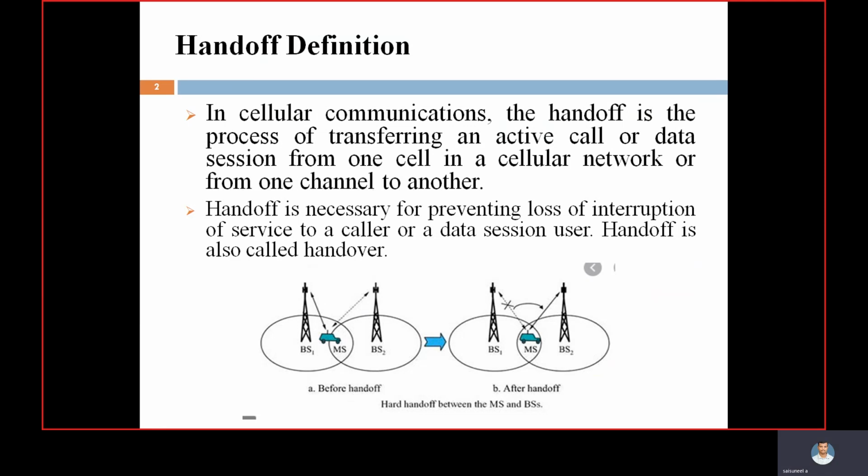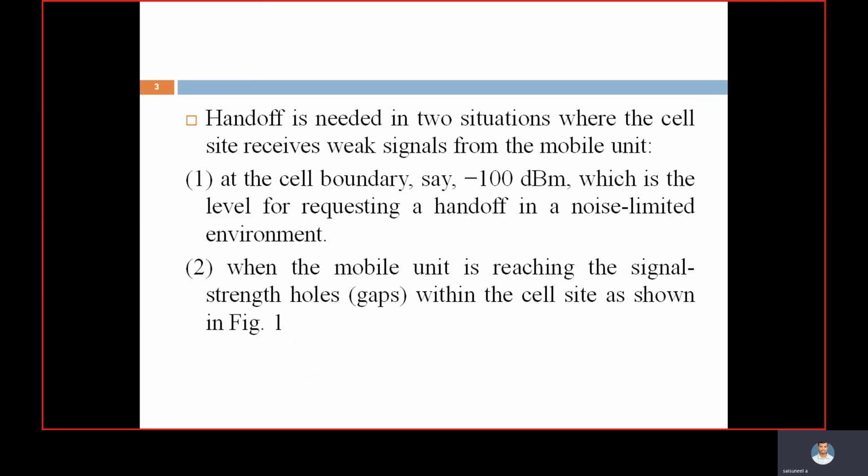There are two situations in which handoff can take place. The first is weak signal at cell boundaries, and the second is weak signal strength at holes or gaps. We discuss these two situations using one diagram. First is the cell boundary. You know the cell is hexagonal in shape, and this is the base station, the cell site antenna point.